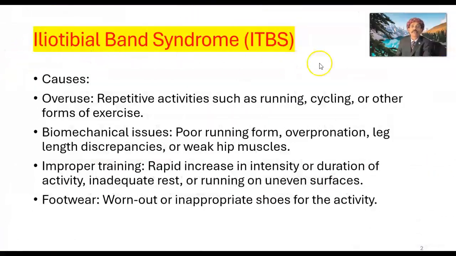Causes of iliotibial band syndrome: overuse, repetitive activities such as running, cycling, or other forms of exercise. Biomechanical issues: poor running form, overpronation, leg length discrepancies, or weak hip muscles.